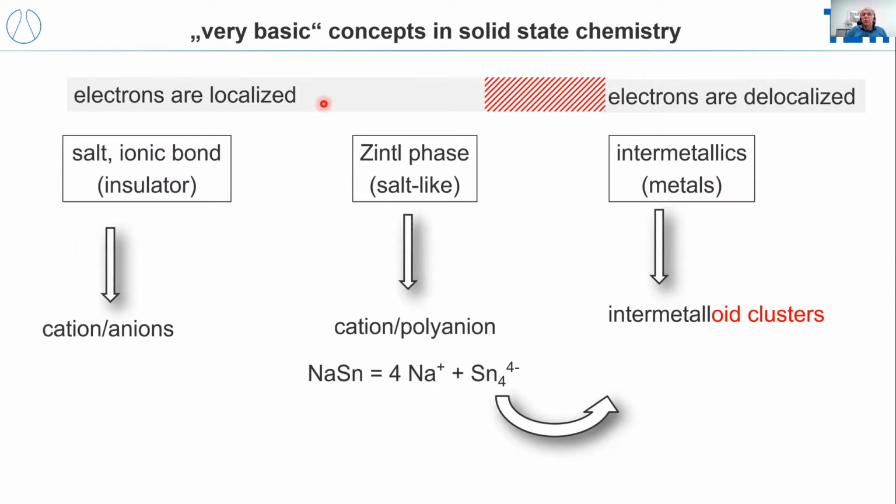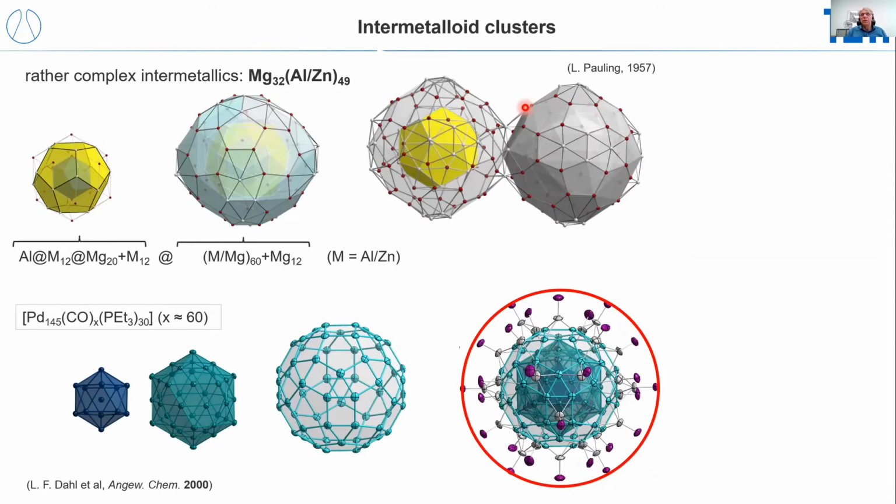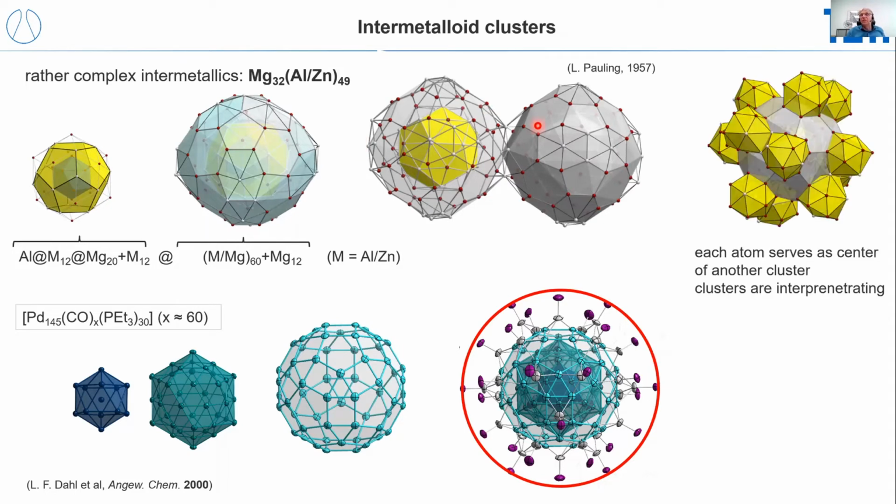Now I would like to move on in this area between the localized and delocalized area. And this goes back to my fascinating interest in intermetallic compounds. This fantastic structure, which is a shell type structure, was actually solved by Linus Pauling in 1957. All atoms are arranged in a shell, but those atoms are all interconnected, and each atom at the surface is the center of a next coordination polyhedron.